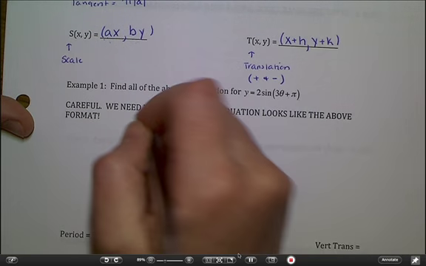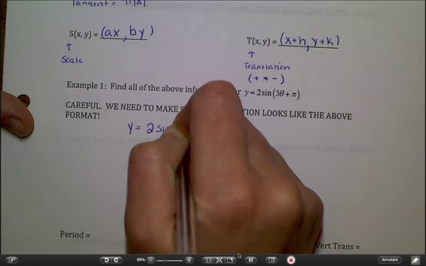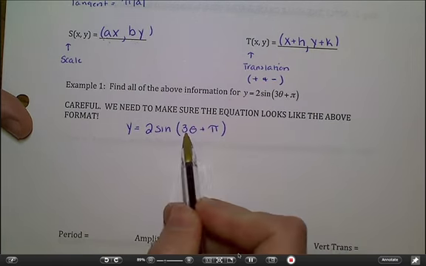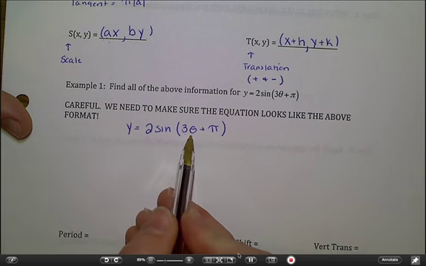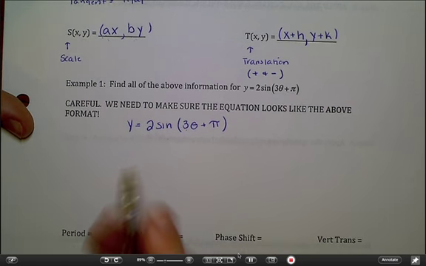So I'm going to rewrite the equation here. 2 on the outside's fine. The issue really is I've got to factor this 3 away from the theta and the pi in order to make it look like the equation above.